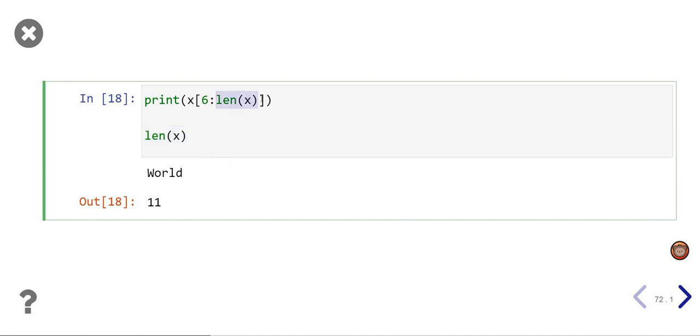So 11 is equivalent to specifying x[6:11], which means it is actually taking values from 6 to 10. That's 11 minus 1. It accesses the last character. So remember, there are two ways that we did: leaving it empty, it goes until the end, or we can use length.